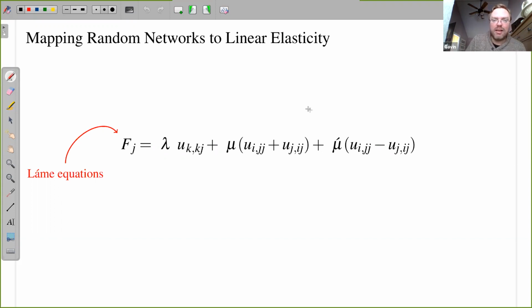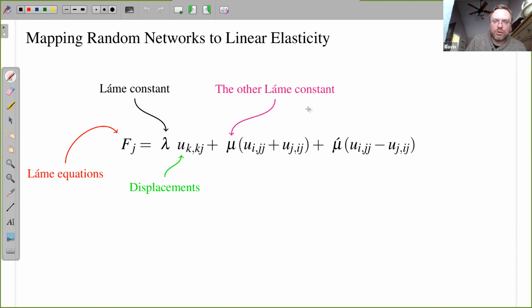In terms of linear elasticity theory, the Lamé equations are well known, and they have the Lamé constants, the displacements, and the notation with the comma and then the two indices, which just means derivative with respect to those two directions.